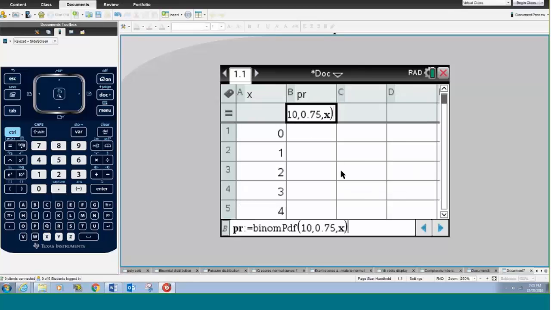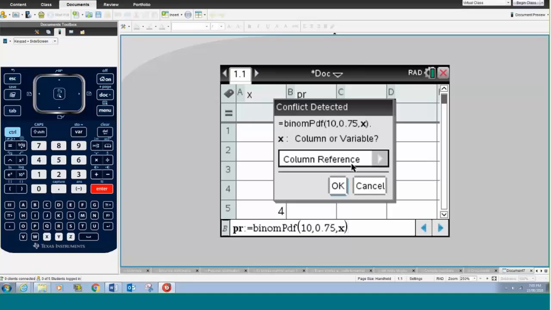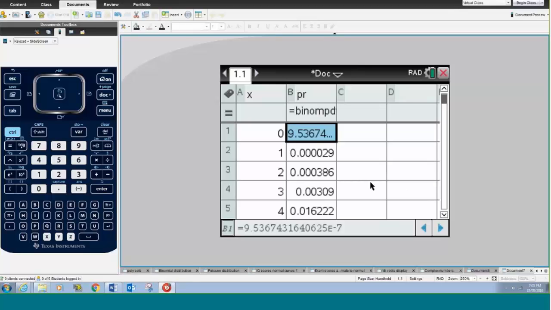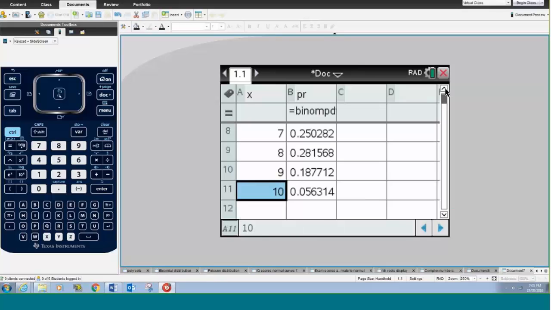If I press enter, it asks whether that's a column or a variable reference. I call it a variance reference. So I have all the probabilities here filled up to 10.